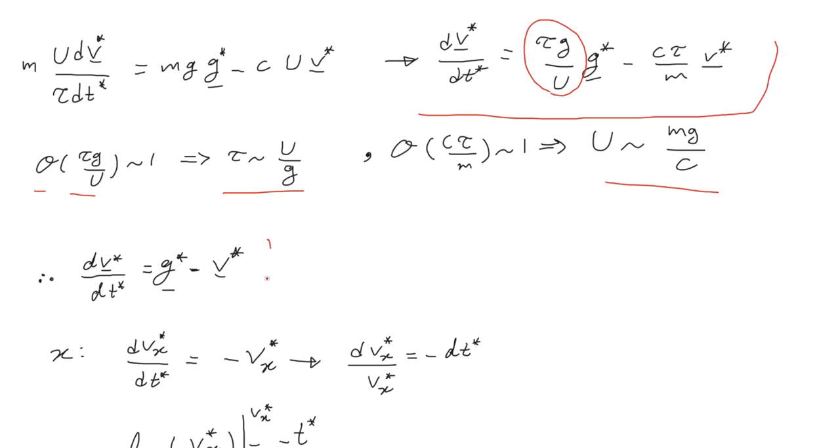So we will have this non-dimensionalized equation, which is much simpler than the previous one, and it doesn't have any coefficient. Everything is in the same order of significance, and we can move on. We can solve this equation, and at the end we replace the v star, g star, and t star with v, g, and t, and then we will have the dimensional solution.